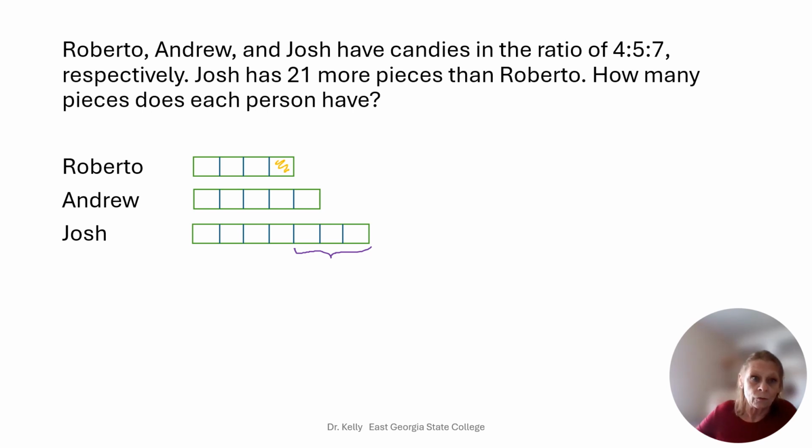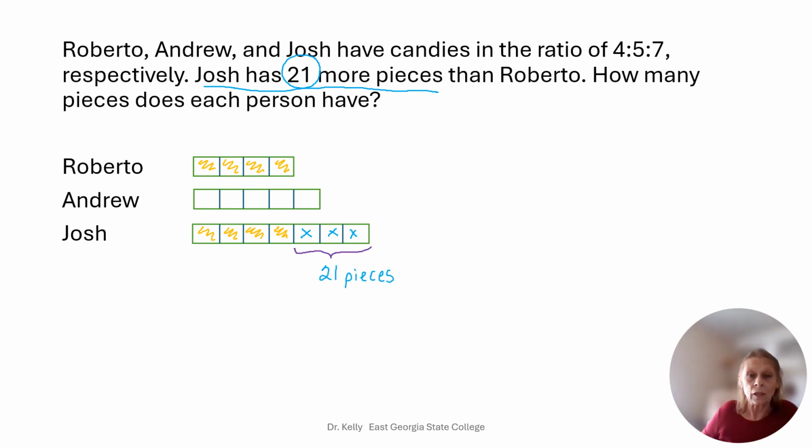Here's all of Roberto's squares. And if I mark off the same squares 1 for 1 with Roberto, then you can see we've got 3 extra squares. Well, we know that Josh has 21 more pieces than Roberto. So this is equal to 21 pieces.